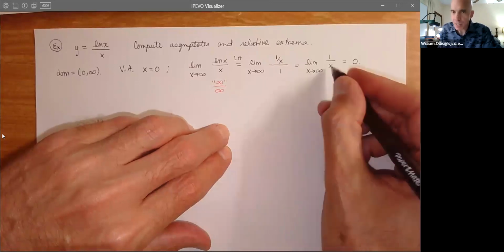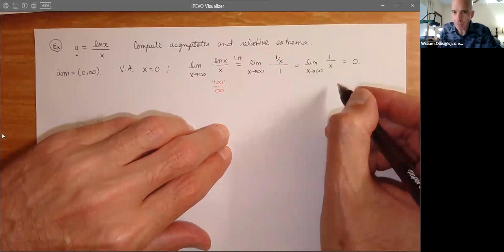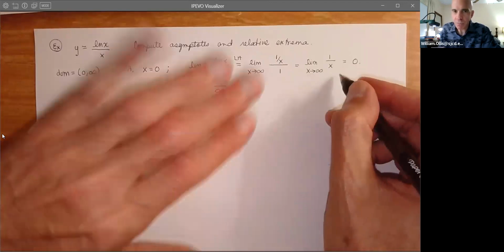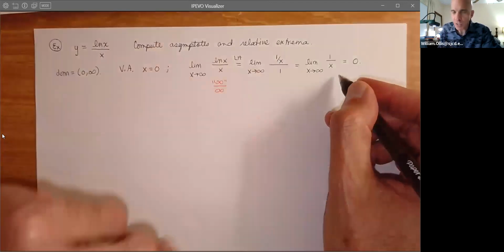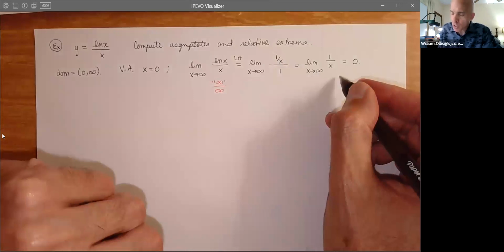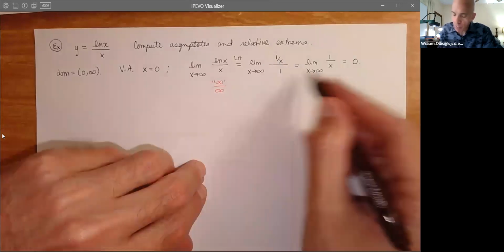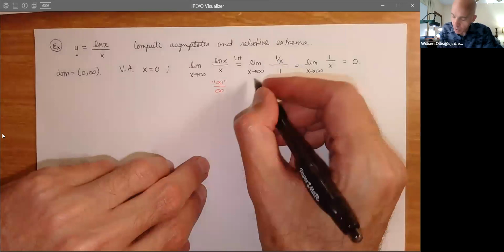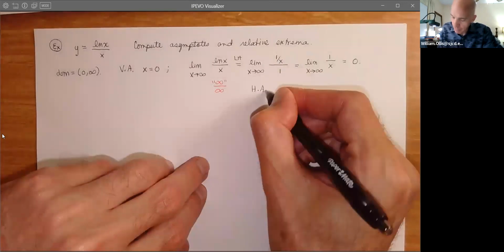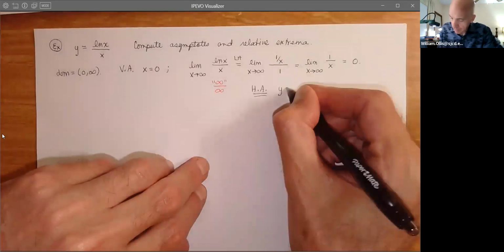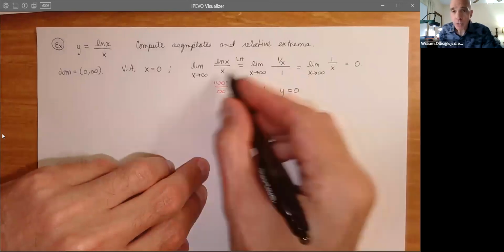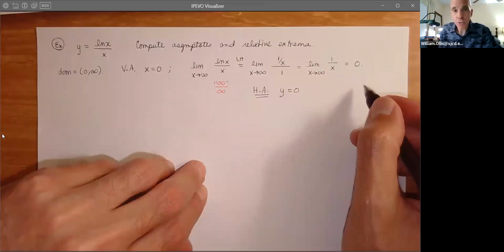And this is a famous example. We use this rule with rational functions, so to speak. So now what we're seeing here is that we have a horizontal asymptote of y equals 0. And we used L'Hopital's rule to determine it.